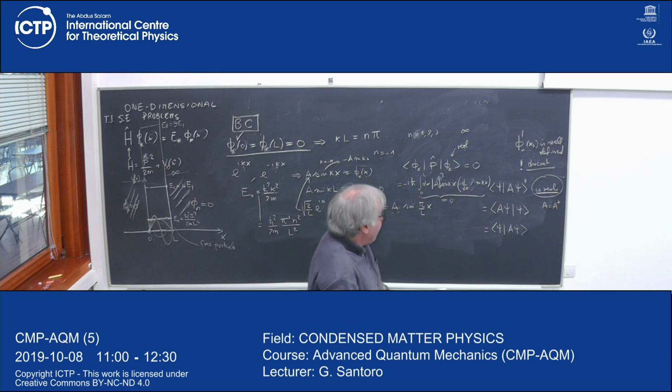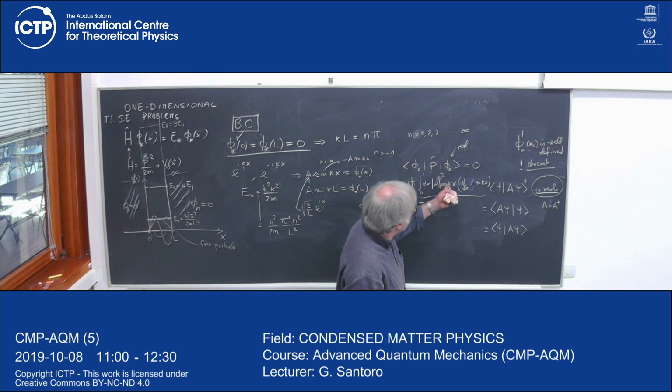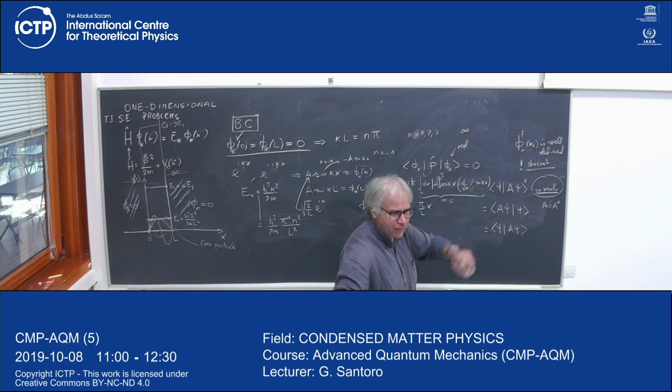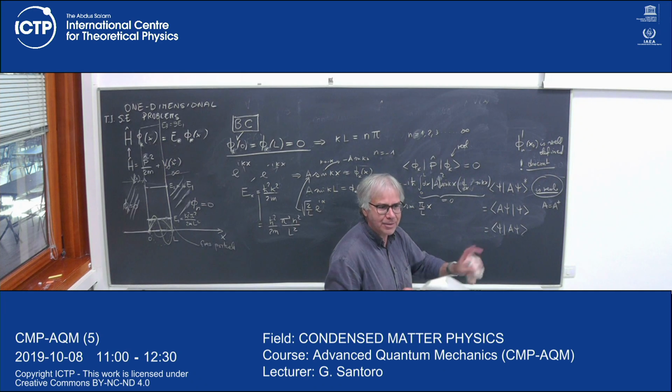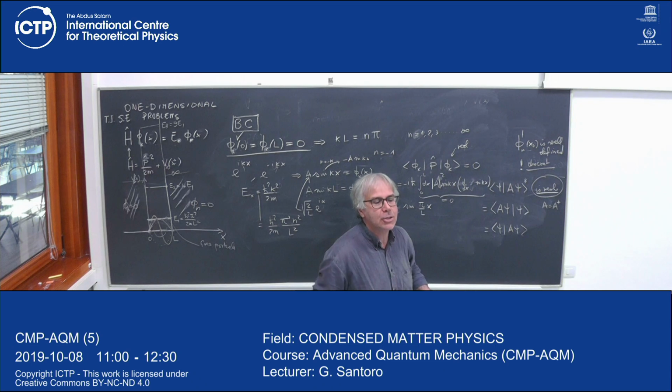And in fact, it is 0 if you actually look at the exact form of this thing, because this is a sine, and the derivative of a sine is a cosine. So if you just do a little bit of trigonometry, you realize that this is an oscillating function whose integral is in fact 0.